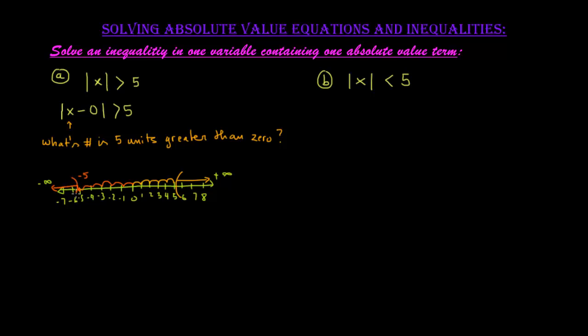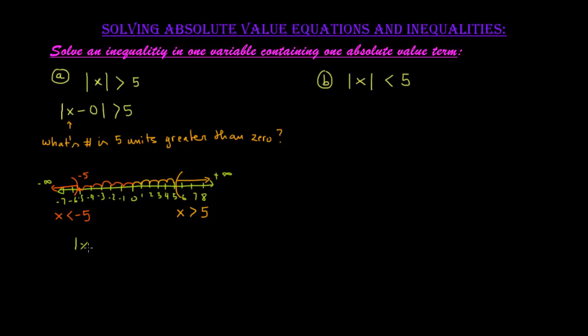So we will have the graph like this. Based on this graph, we can say that x less than negative 5 is one of the solutions, and on this side x greater than 5 is another solution. So now let's bring them close to each other.